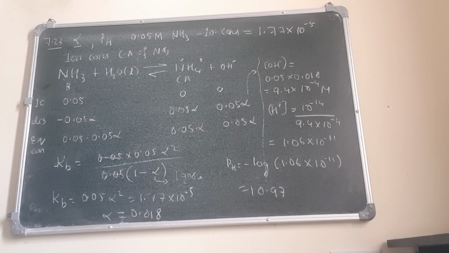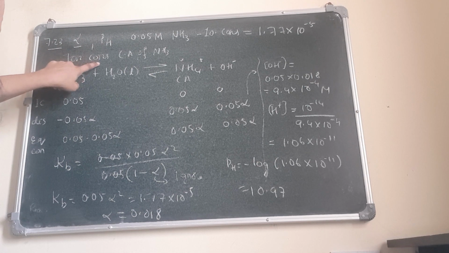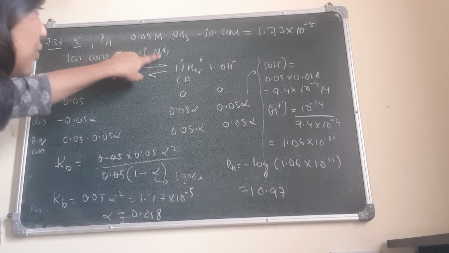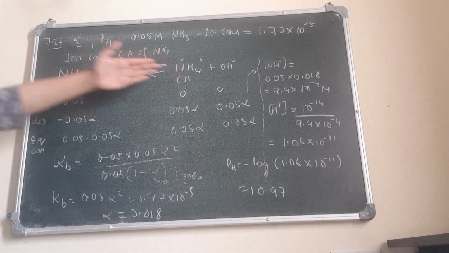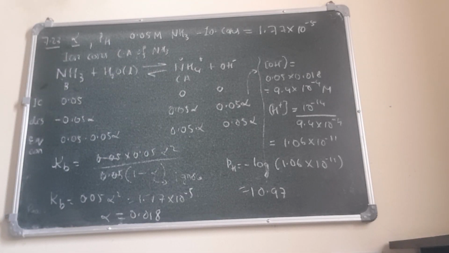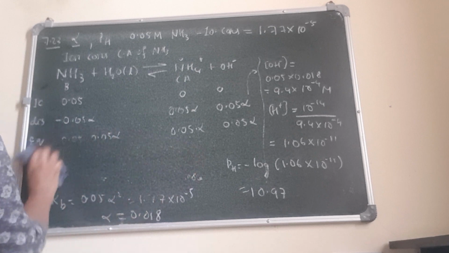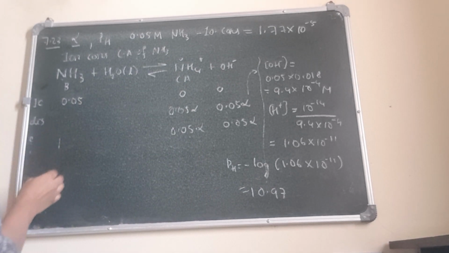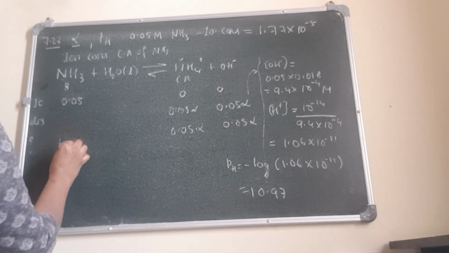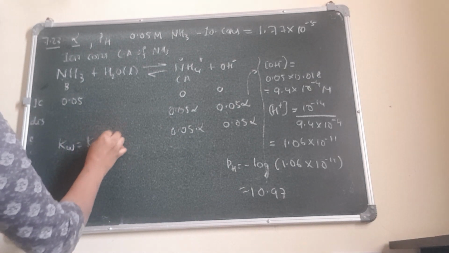Now what is remaining? This is done, this is done. You have to find the ionization constant of ammonium, which is the conjugate acid of ammonia. Either you reverse the reaction and do it, which we don't want, so the easiest way is to use Kw equals Ka into Kb.